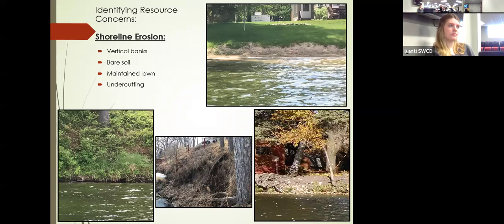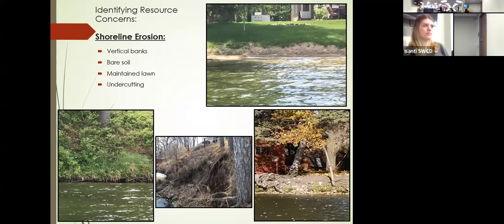The one picture in the top corner could be a combination of the wave action, but also runoff coming from farther up in the watershed or farther up in the landscape. As water comes down, it gains momentum and more force near the shoreline to work away at the loose soil.